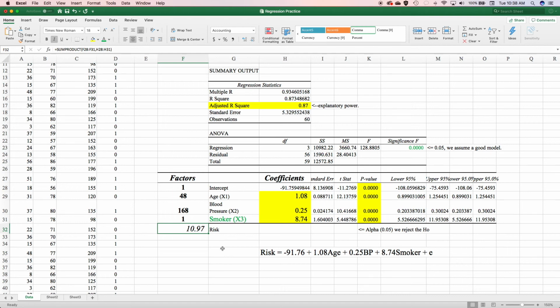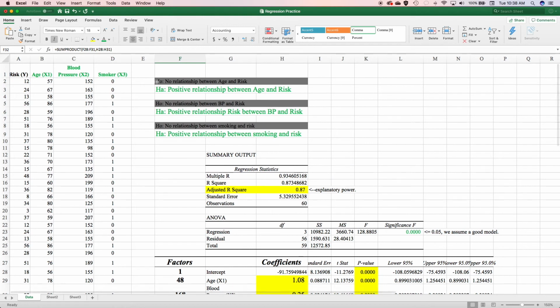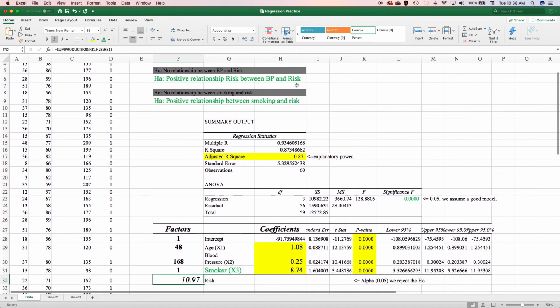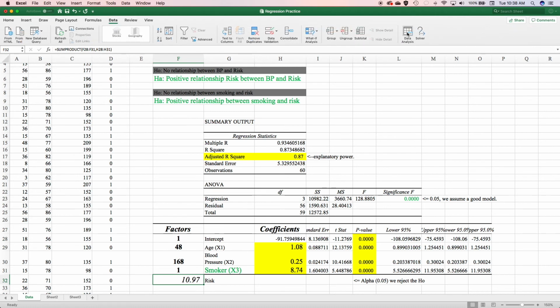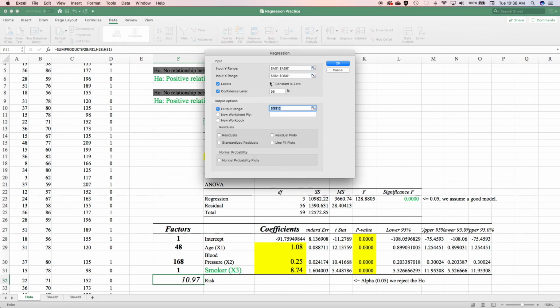Okay? So, one more time from the top. Step 1, formulate your hypotheses. This is your best guess or your educated guess as to what you think the relationship is between your X and your Y variables. Step 2, run your regression analysis by going to Data, Data Analysis, Regression, and inputting your X and Y ranges.